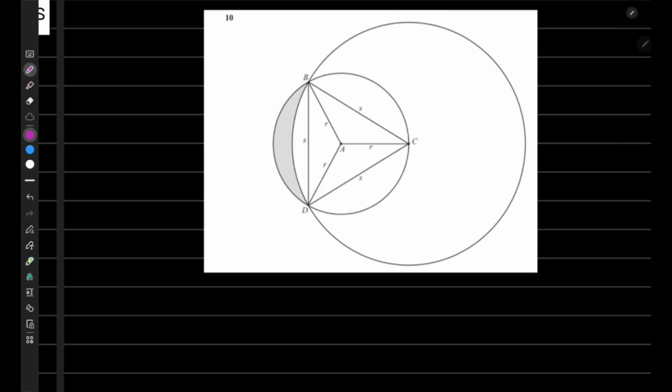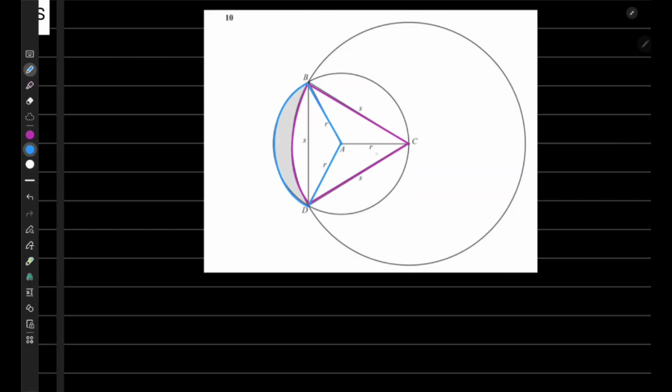First of all, this is your center C. It is making this arc. This is your one sector. This is your center A and this is making your other arc, this one.